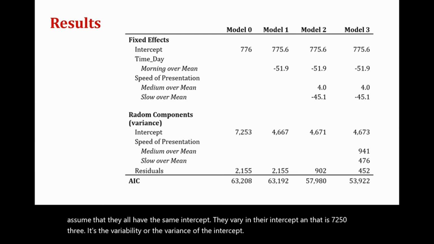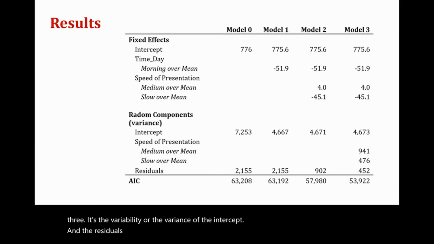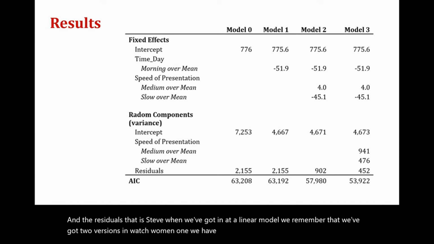And the residuals, that is, in a linear model we remember that we've got two versions. In one we have the error, or epsilon, and the residuals would be that error.